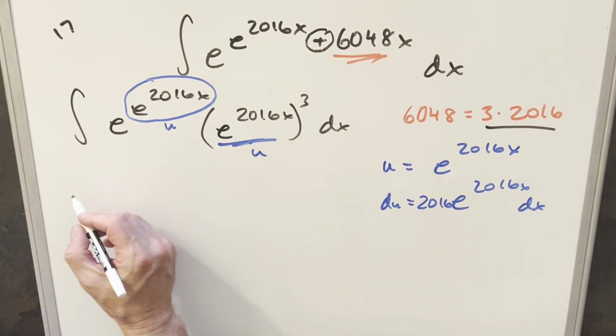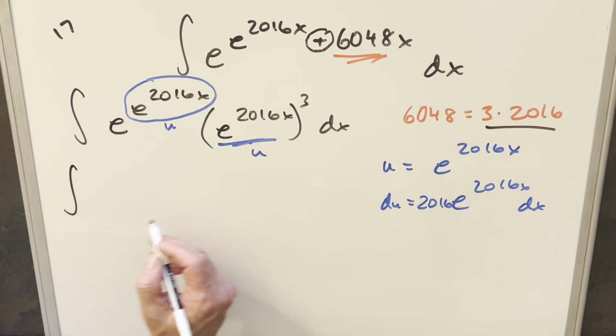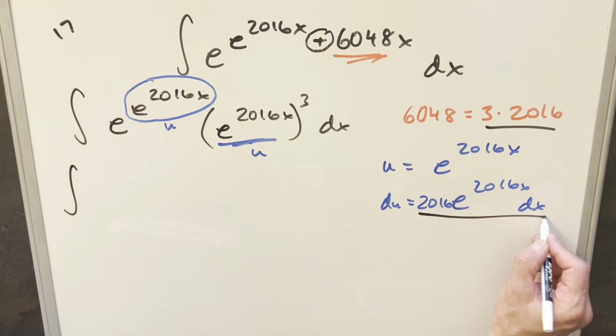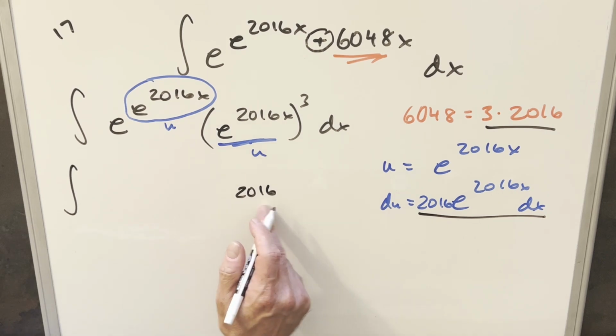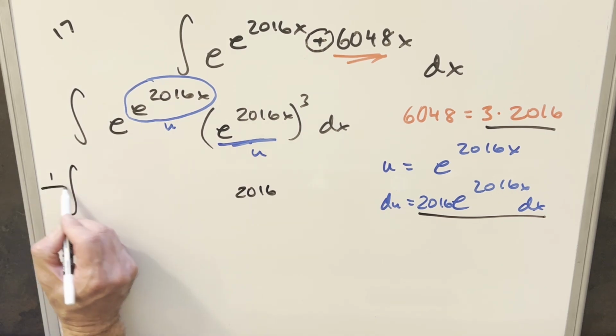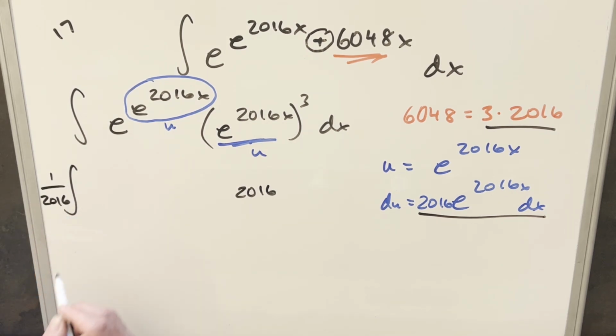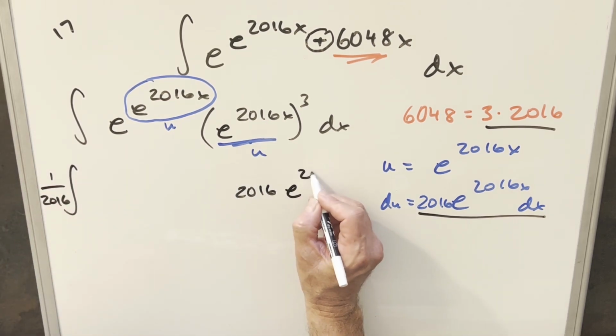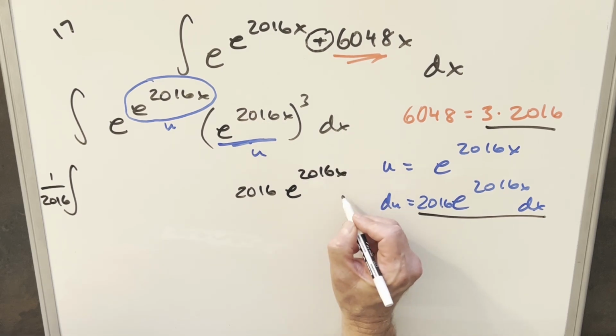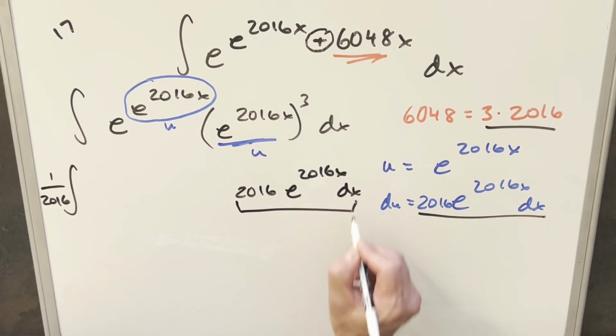So before I actually do the substitution, let's set it up. I want to create the du at the end, so I'm going to multiply in a 2016 that we don't have anywhere. I don't want to change the integral, so I'll multiply by 1 over 2016 in front. I'm just multiplying by 1. Then I'll take one copy of this and we'll have just e to the 2016x dx. So now we have our du right here.